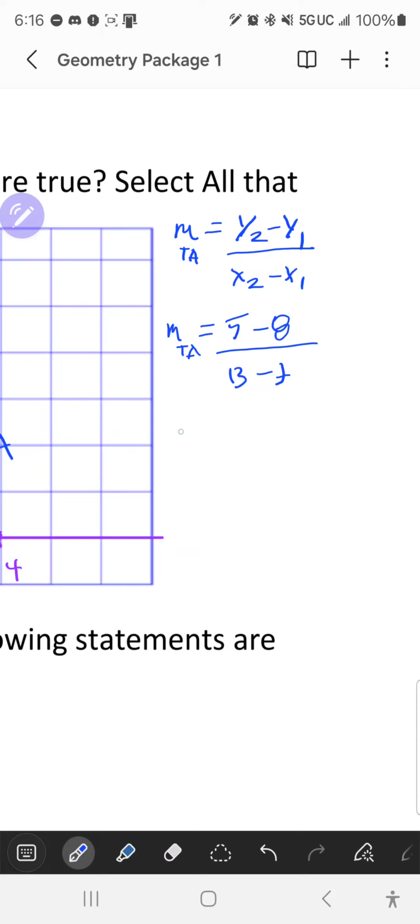We have negative 3 over 6, which is the same as negative 1 over 2. So 5 minus 8 is negative 3, and 13 minus 7 is 6, and we divide both by 3: 3 divided by 3 is 1, and 6 divided by 3 is 2. That's the reason I got negative 1 over 2.